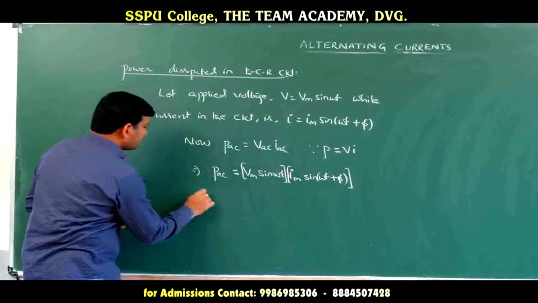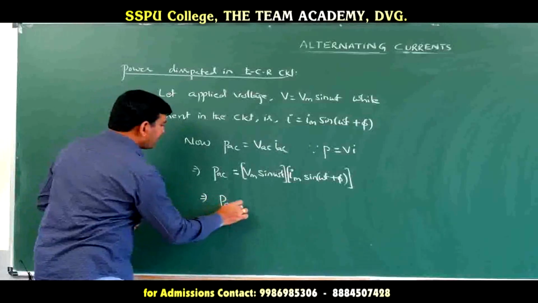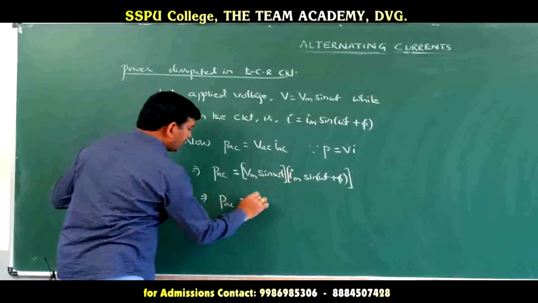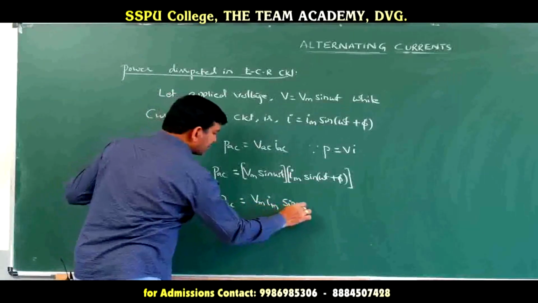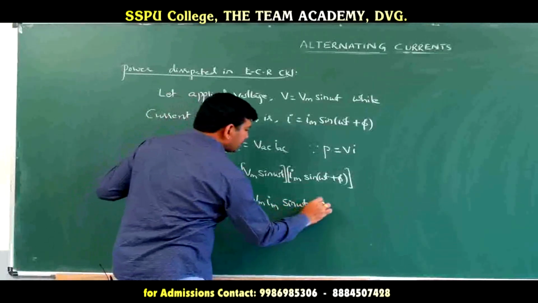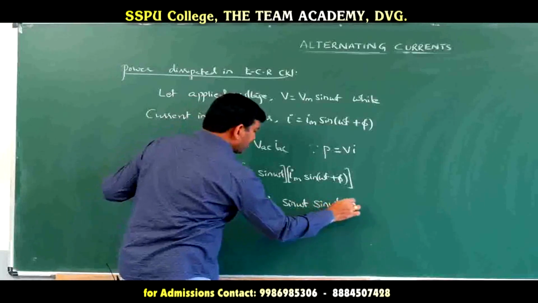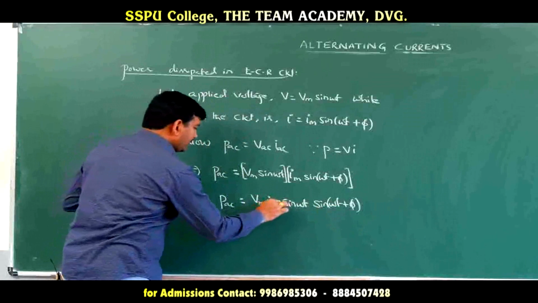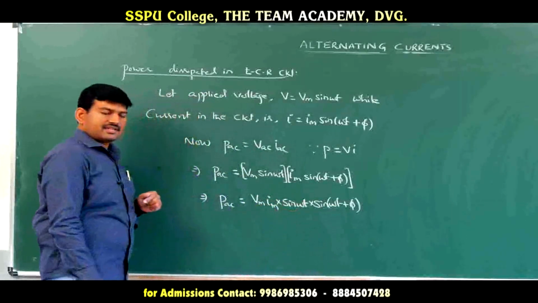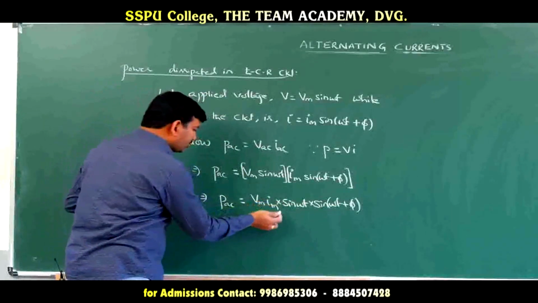I can write this as AC power equal to Vm into Im into sin ωt into sin(ωt + φ). Now, multiply this term by 2 and divide by 2.